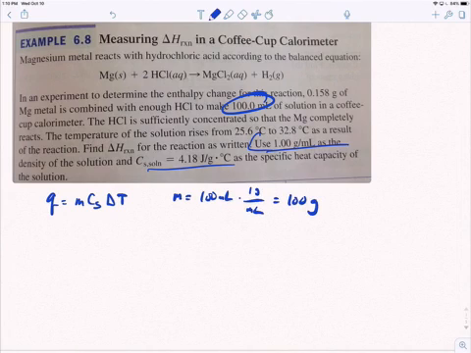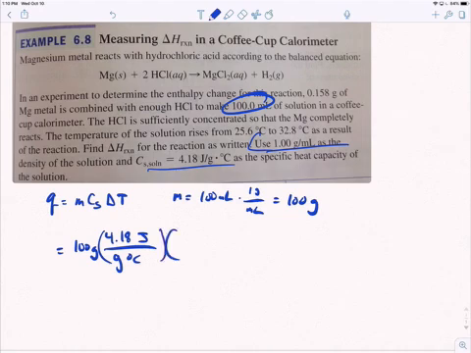The specific heat capacity is 4.18 joules per gram degree Celsius. Change in temperature is final minus initial, 32.8 minus 25.6 degrees Celsius.